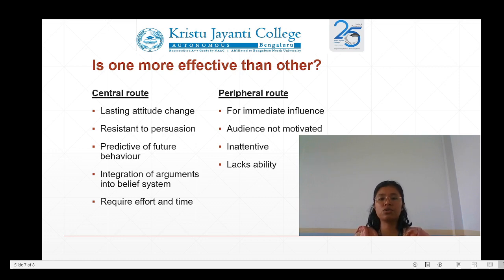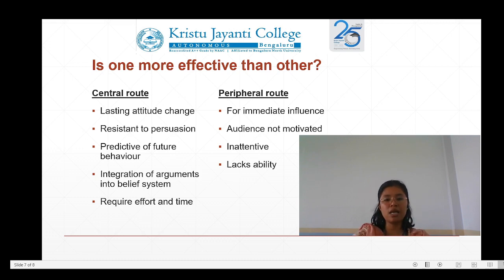The peripheral route is used for immediate influence, when you know that the audience is not attentive, is not motivated enough, or lacks the ability. That's when you package your message in a way that targets the peripheral route or approach to persuasion. So it's not that one approach is more effective than another.